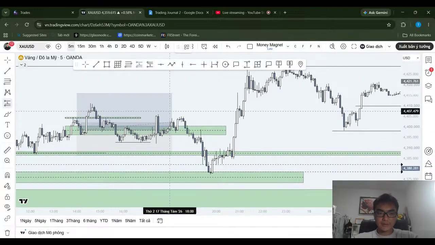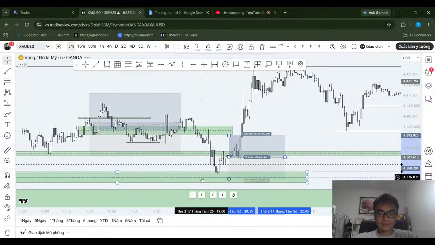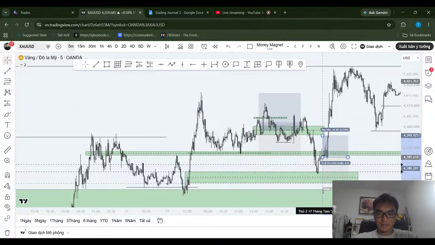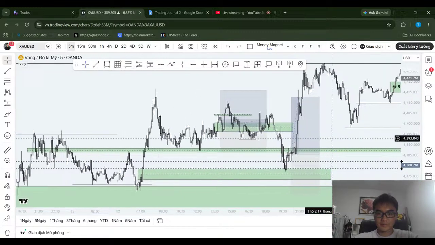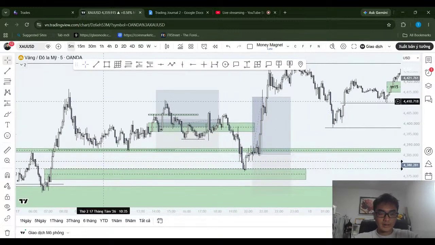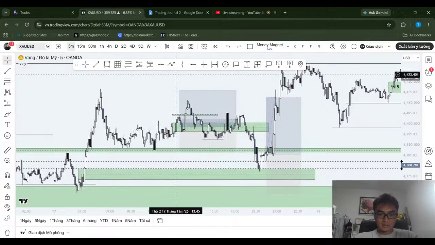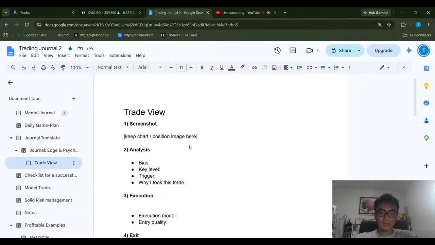I execute a trade onto this level. I put the first part into this one, and I put the rest into this one. The reason I execute the trade is that it has the same analysis as this one before.